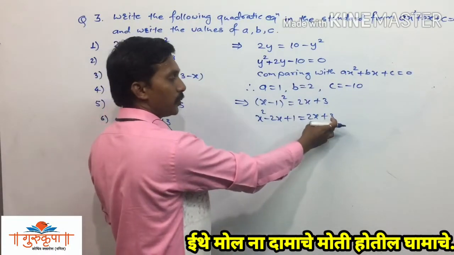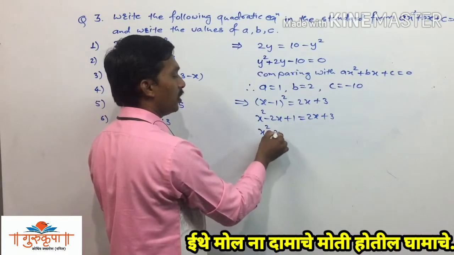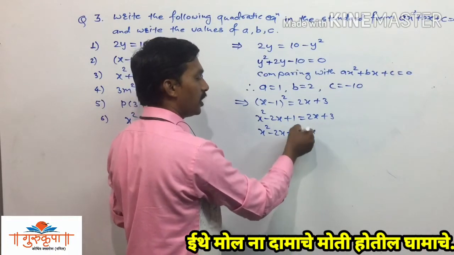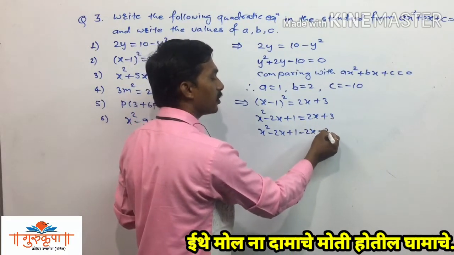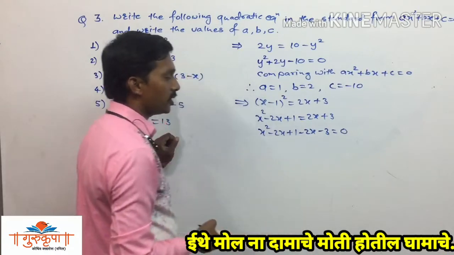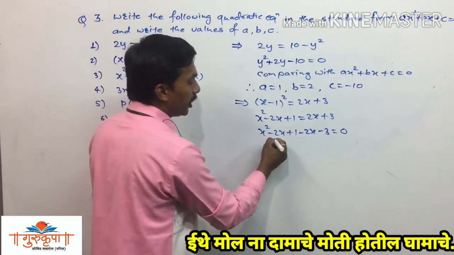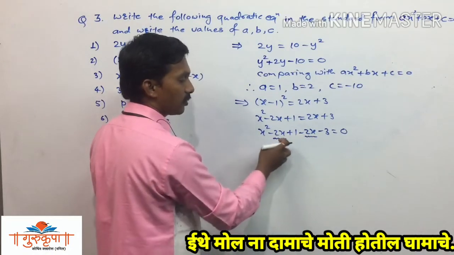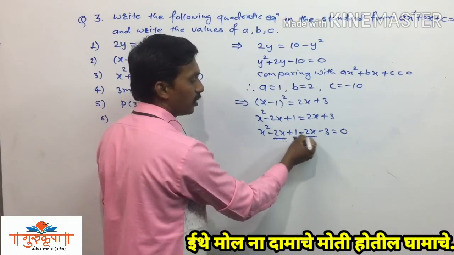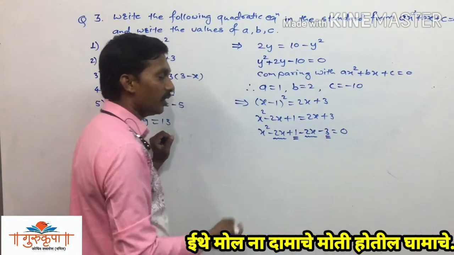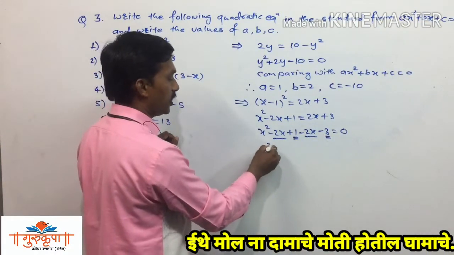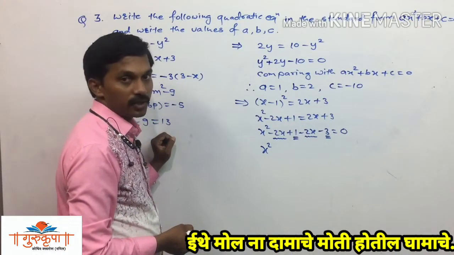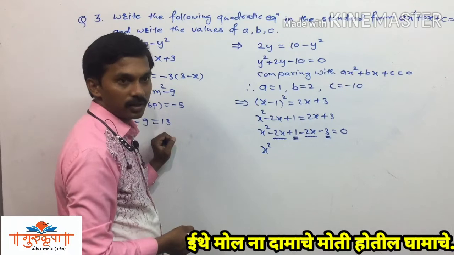Now transfer these two terms to the left side. We get x square minus 2x plus 1, this plus 2x transferred to the left side will become minus 2x, plus 3 transferred will become minus 3, which is equal to 0. Now take the addition or subtraction of the similar terms. Here x square remains as it is, minus 2x and minus 2x will become minus 4x, not plus 4x.